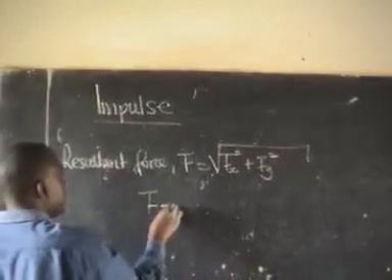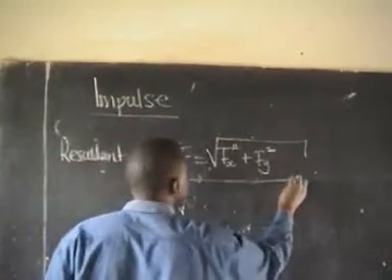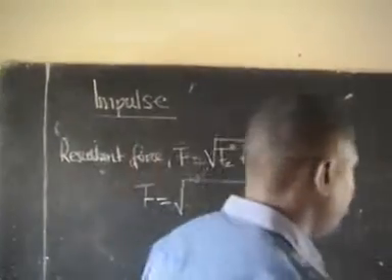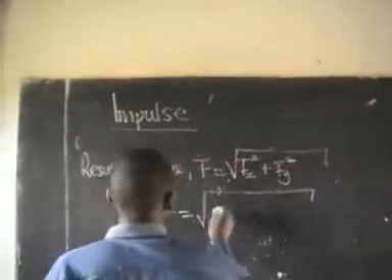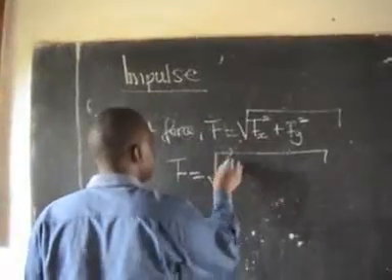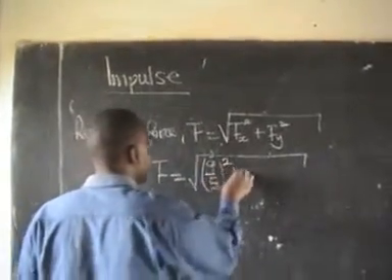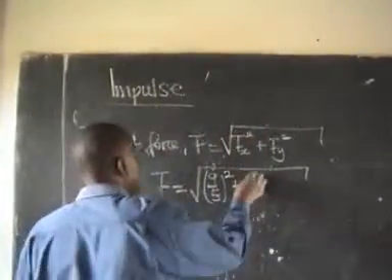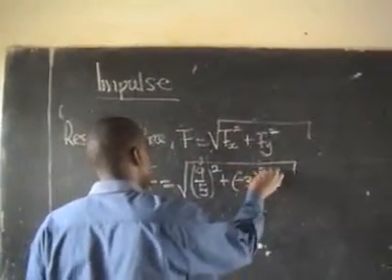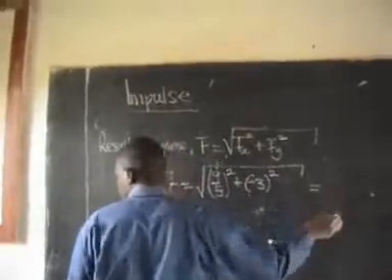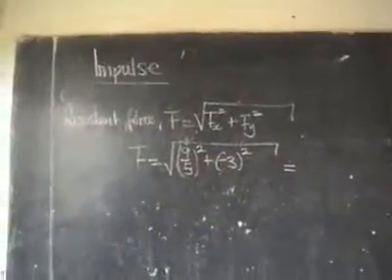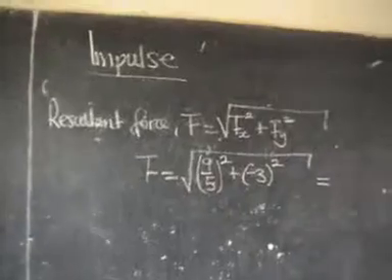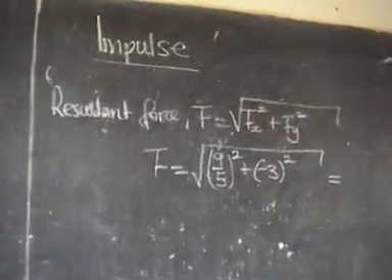So F will equal the square root of, now the Fx is 9 over 5, squared, plus the Fy, which is negative 3, squared. And when we simplify, we shall be getting root.